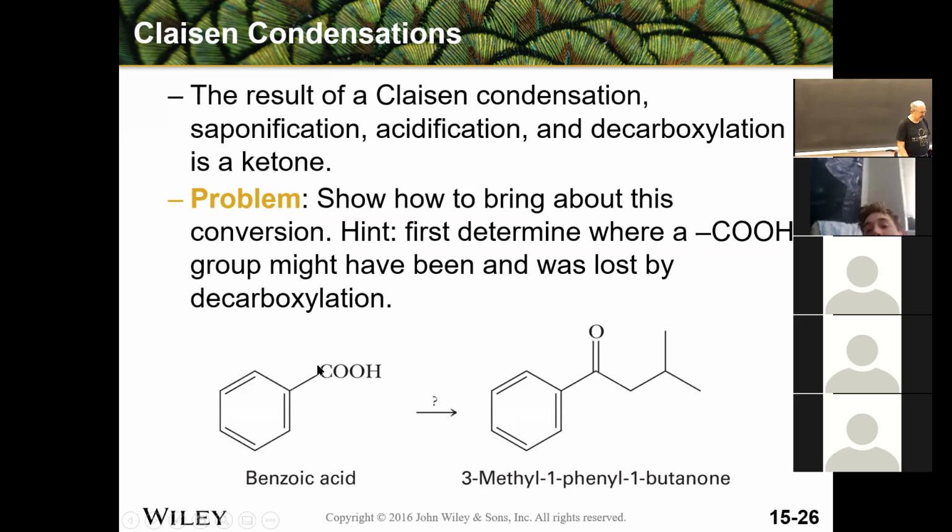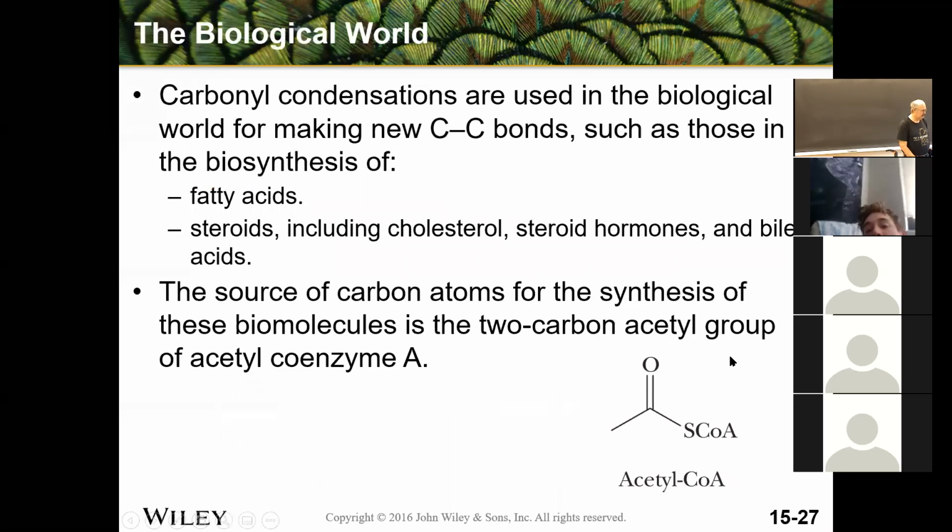So we would have a carboxylic acid group beta to our carbonyl. Carbonyl condensations are used in the biological world for making new carbon-carbon bonds, such as the biosynthesis of fatty acids, steroids, including cholesterol, steroid hormones, and bile acids.